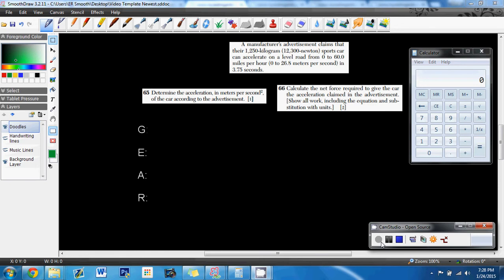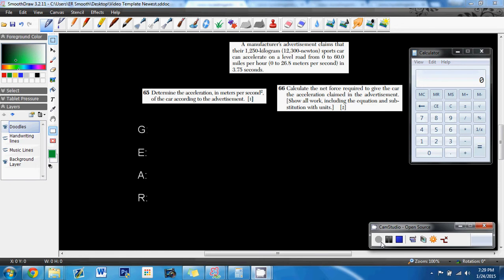The question says, a manufacturer's advertisement claims that their 1,250 kilograms, 12,300 Newton sports car can accelerate on a level road from 0 to 60 miles per hour, 0 to 26.8 meters per second, in 3.75 seconds.